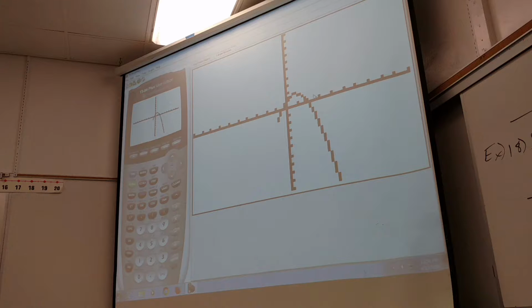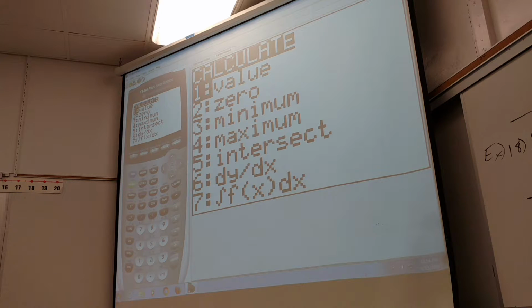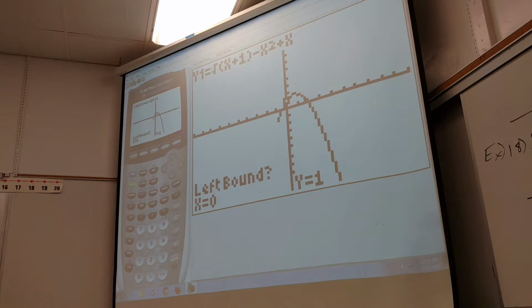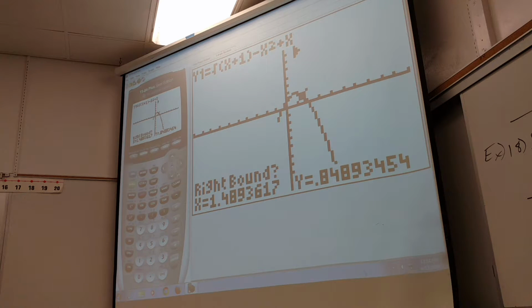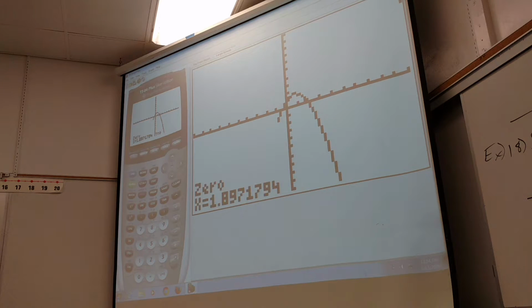And so right there, I want that root, right? That root. So I hit second calc 0. Like I told you the other day, I reminded you it wants a left bound, so be to the left of the answer, a right bound, be to the right of the answer, and now your guess. 1.897, what we got earlier, right?